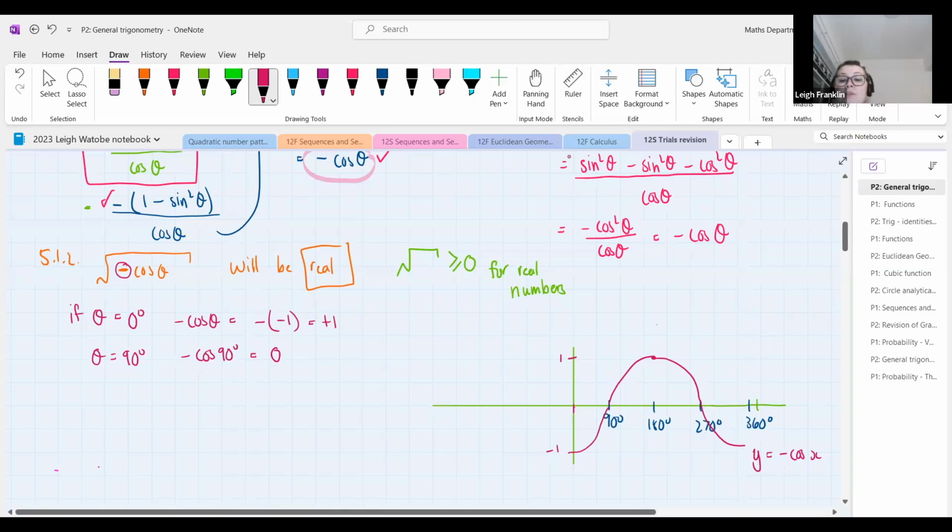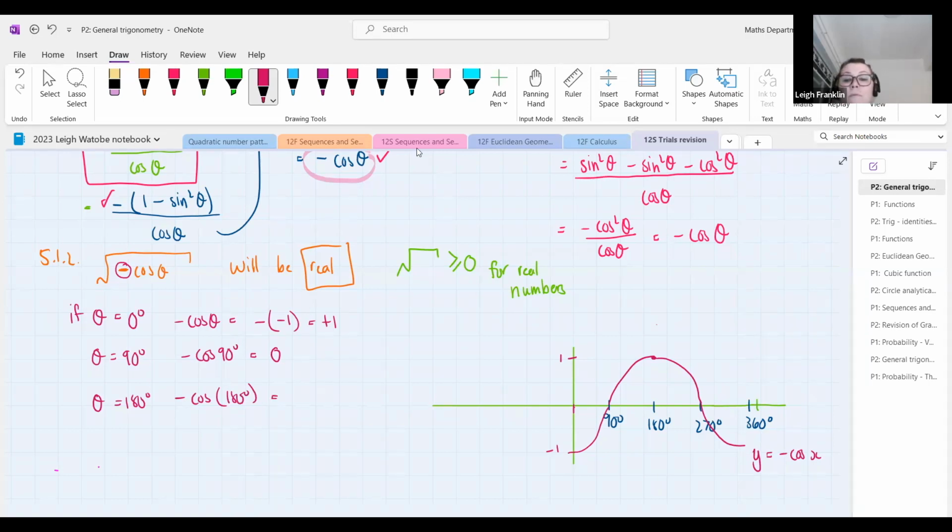Now, what happens if we sub in 180? If theta was equal to 180, we would have negative cos 180. So now we're going to end up with a negative answer.